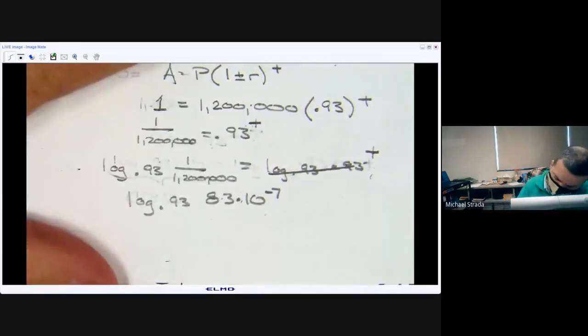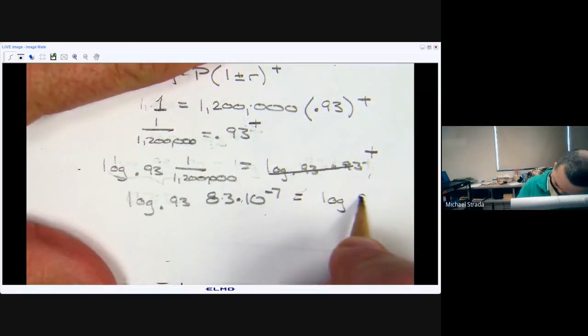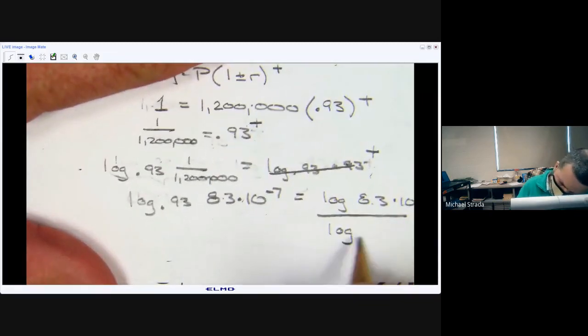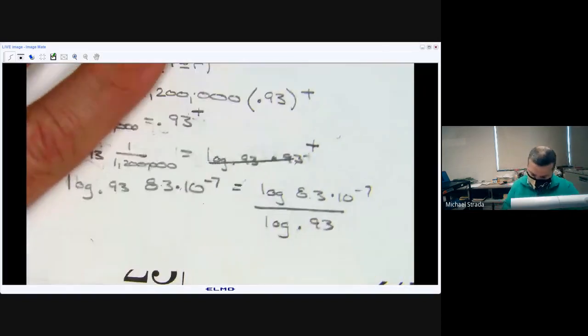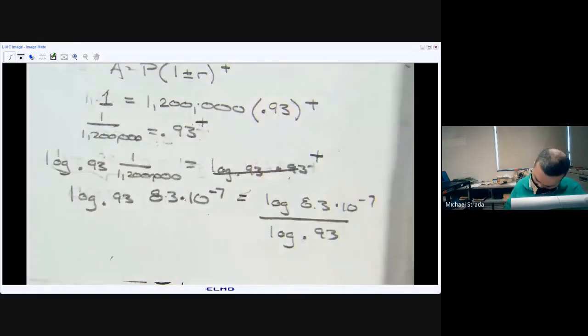Remember, change of base becomes the log of 8.3 times 10 to the negative 7 over the log 0.93. Log of the number divided by the log of the base. I go back to my calculator, log 1 divided by that.